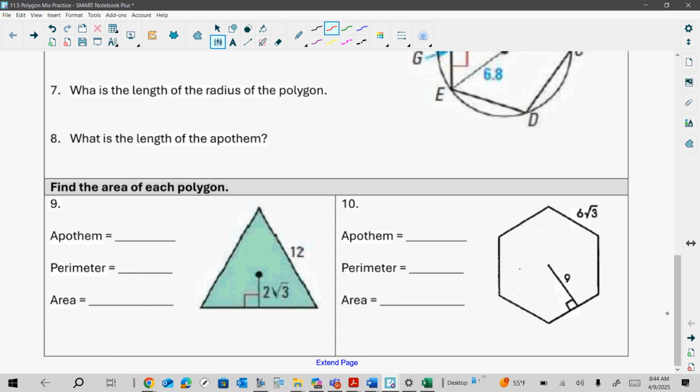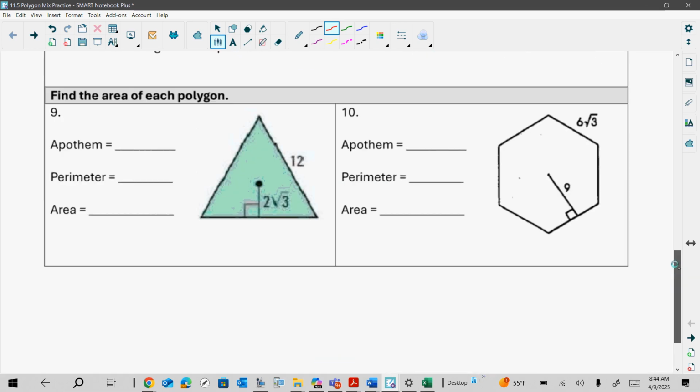But when we get to 9 and 10, this is where the green paper might help you. On the first one, do we know the apothem? Yes, the apothem from the center to the side here. So our apothem is 2 root 3. Remember, the apothem is perpendicular and it bisects the side. Now, can we determine the perimeter?